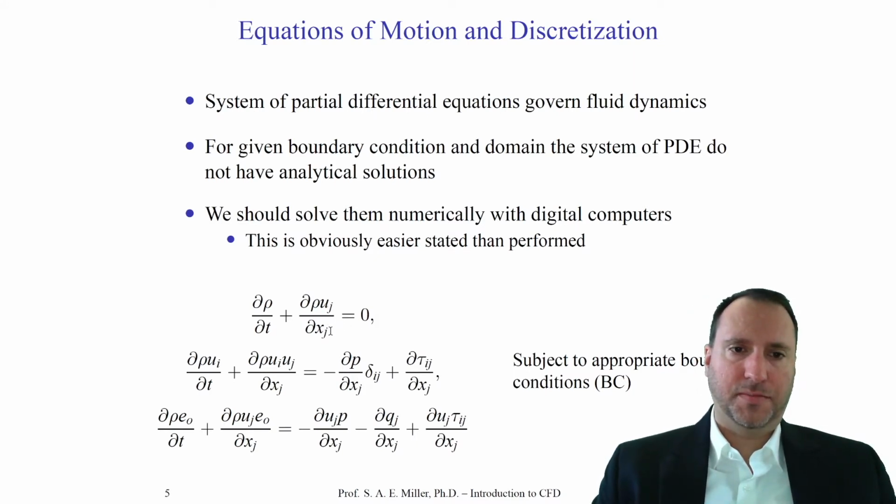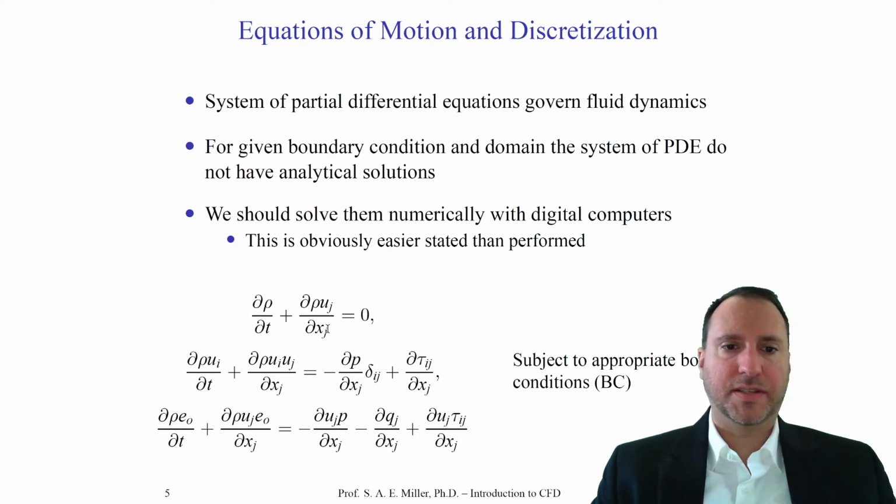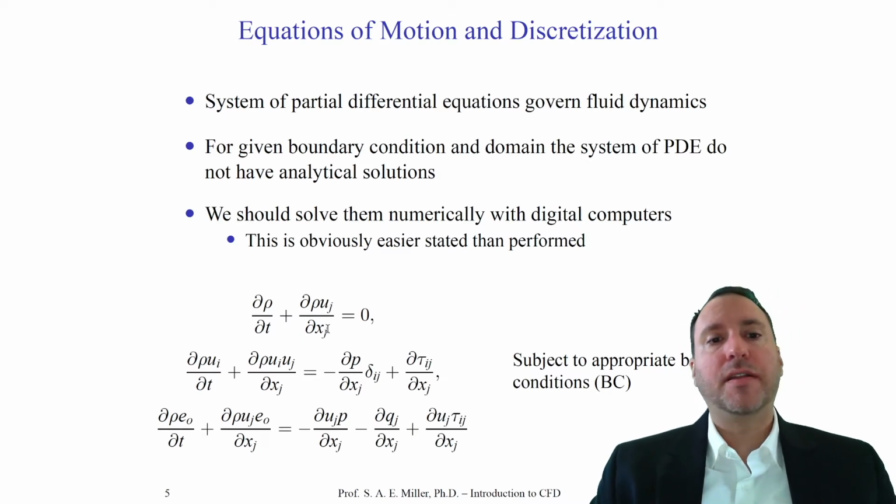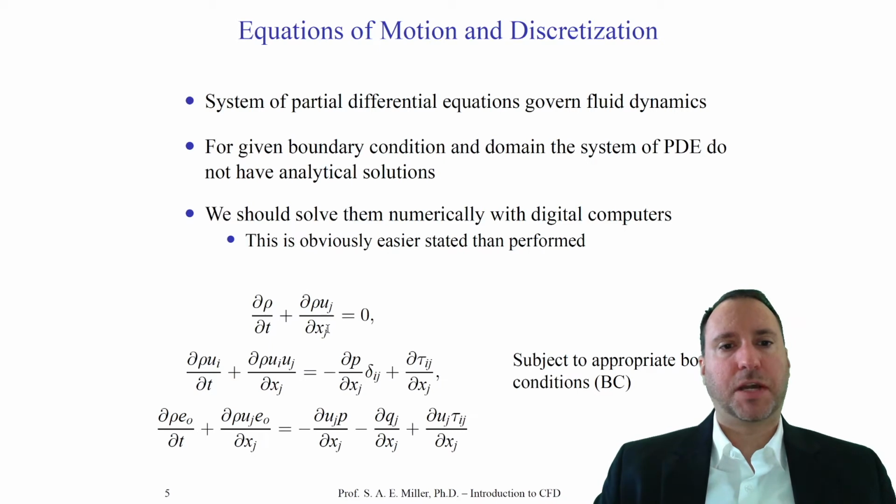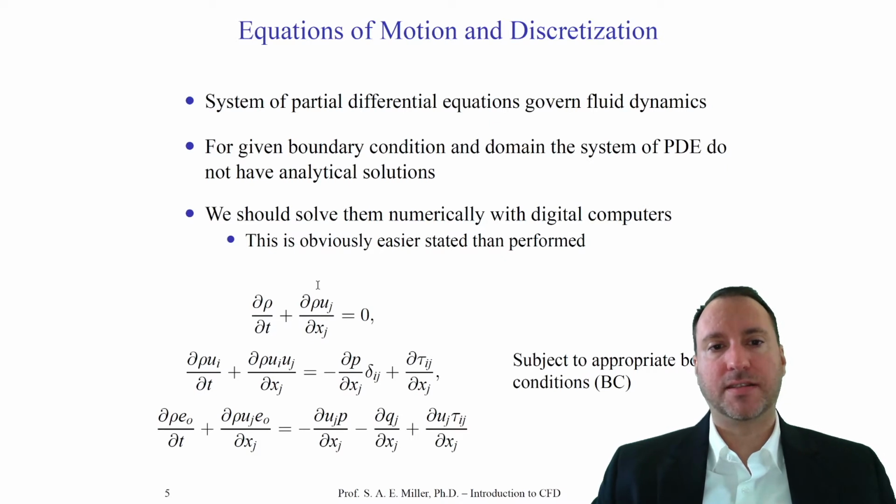If two indices like j and j appear in the same term, or i and i, they're repeated over the number of dimensions. If we're in 3 dimensions, these would be repeated 3 times. So this second term would be written partial rho u1 partial x1 plus partial rho u2 partial x2 plus partial rho u3 partial x3.